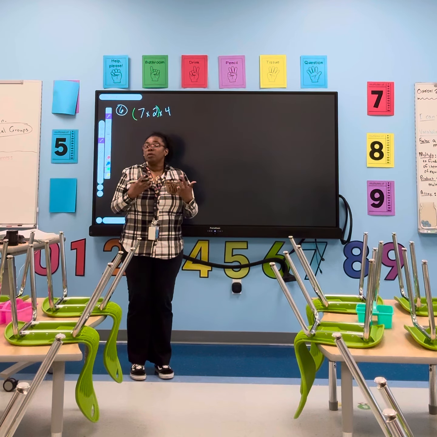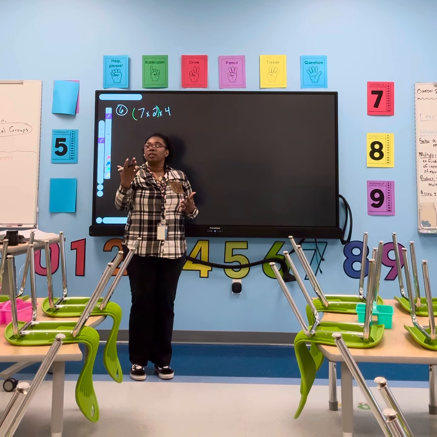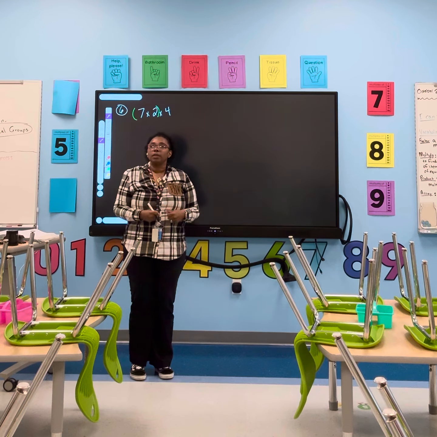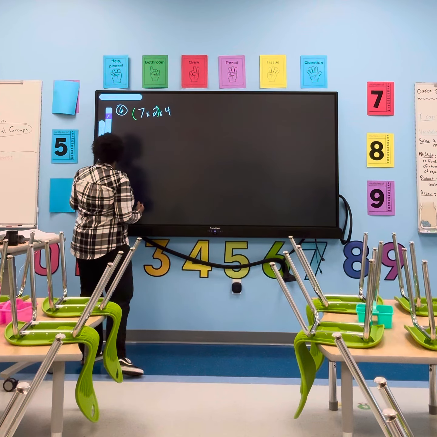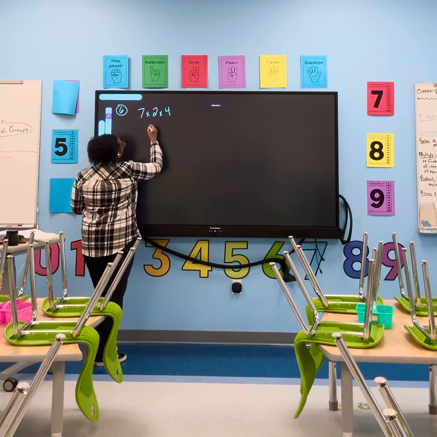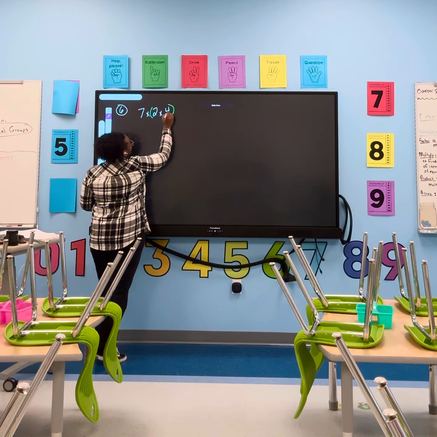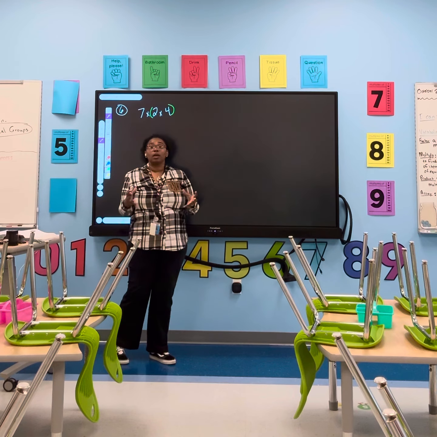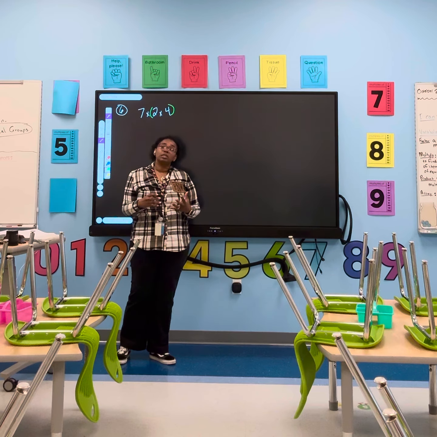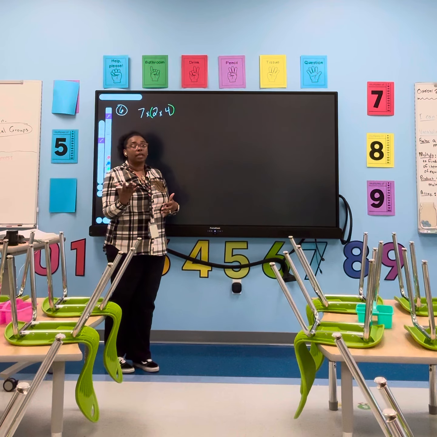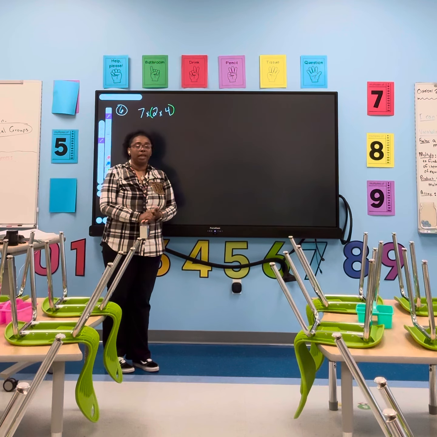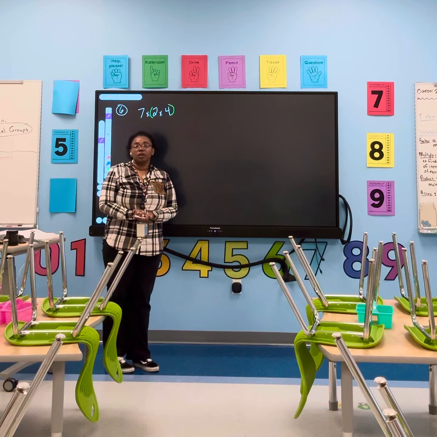So I wouldn't pick 14 because again, we're trying to find things that are easier, something that is not going to give us a lot of trouble. So I would actually go back and I would pick 2 and 4 to put in my group. I would put my parentheses around 2 times 4 because 2 times 4 is 8. We know our 8s. 8s will be easier for us to solve.